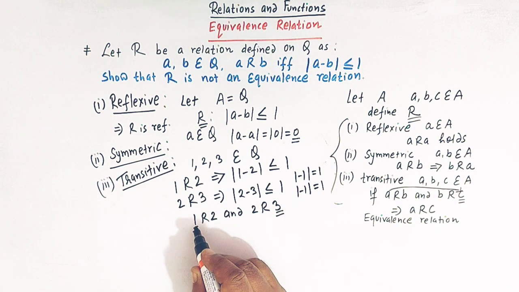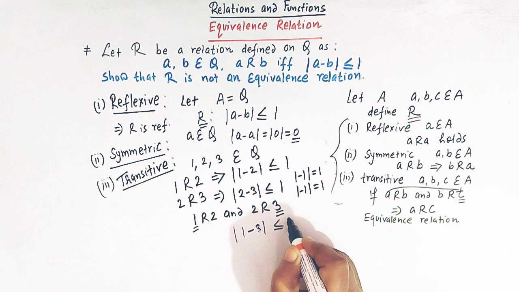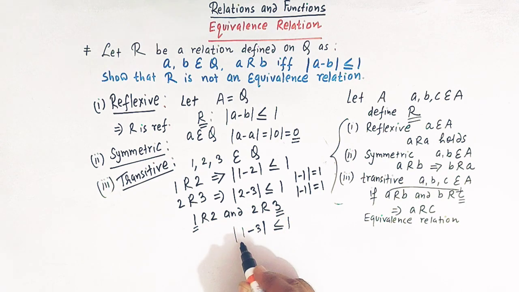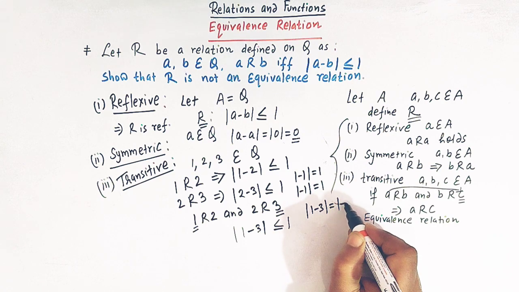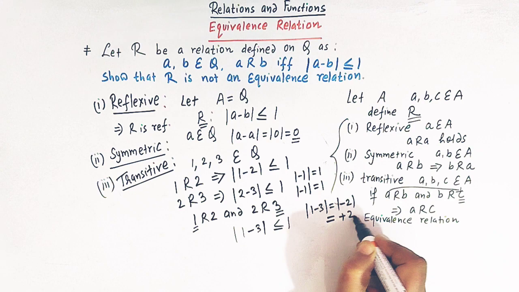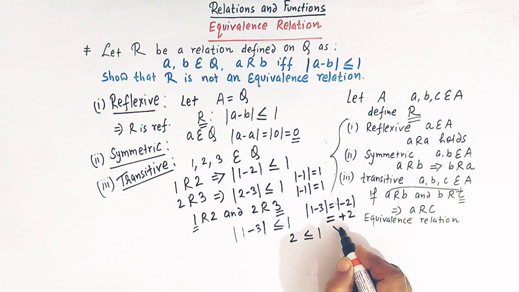So now let us see whether mod of 1 minus 3 is less than or equal to 1. So mod of 1 minus 3 is equal to mod of minus 2, which is equal to plus 2, and we can see that 2 cannot be less than or equal to 1.